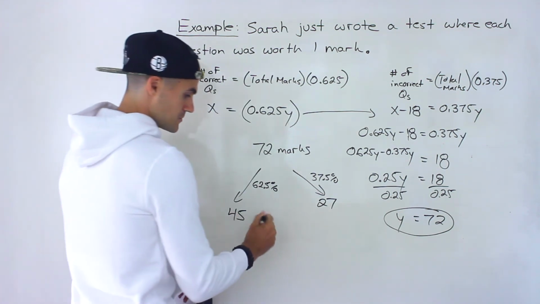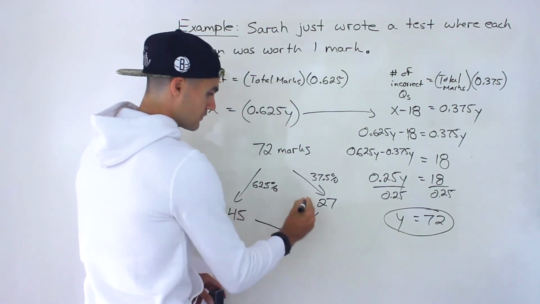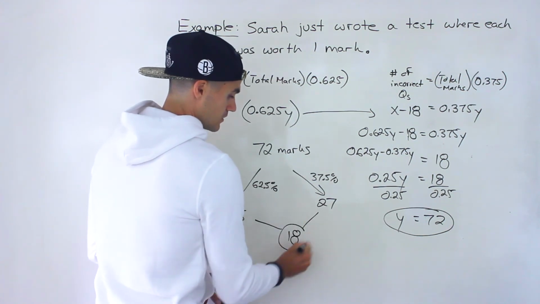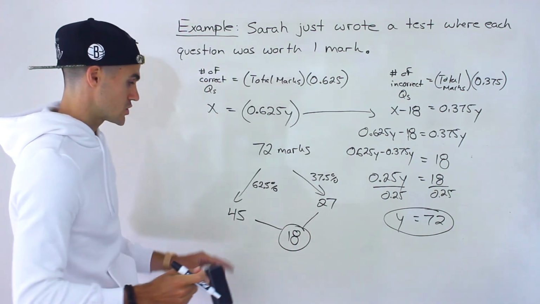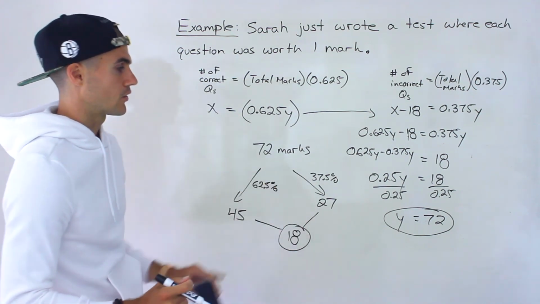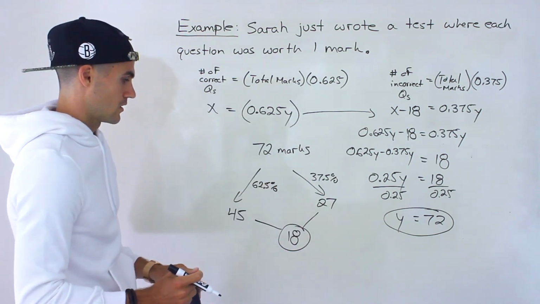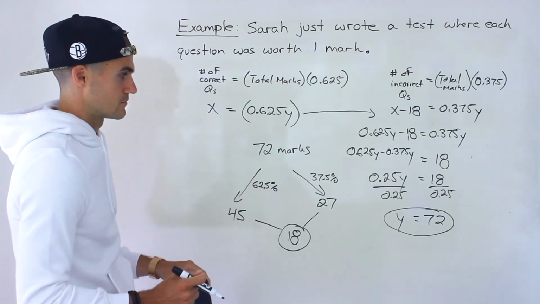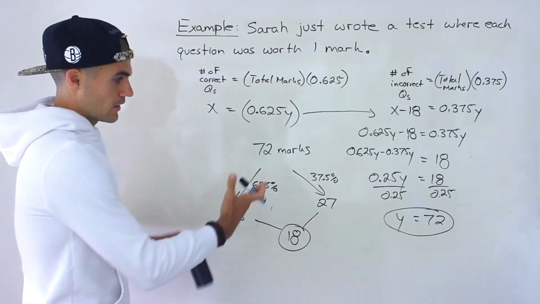And what's the difference between these? 45 minus 27 is 18, which is what we're told in the question. She answered 18 more correct questions than incorrect questions, right? And she got 62.5%. So it all checks out.